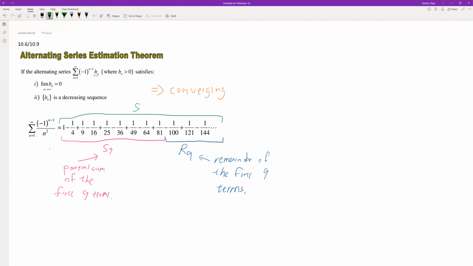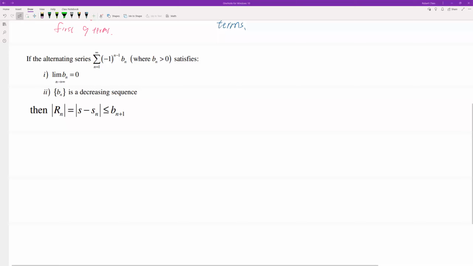So next, let's look at what the estimation theorem is. The condition for the alternating series estimation is the same as the alternating series test. We have two things we want to check: the limit equals 0 and Bn is decreasing. So this only works for a converging alternating series.